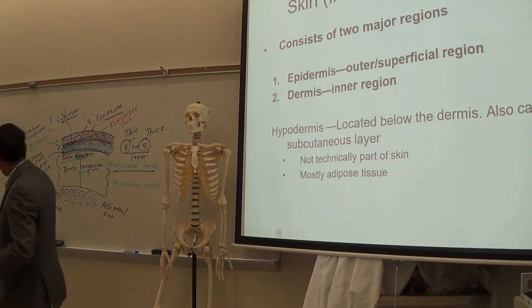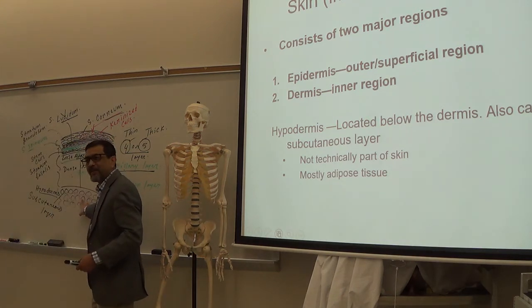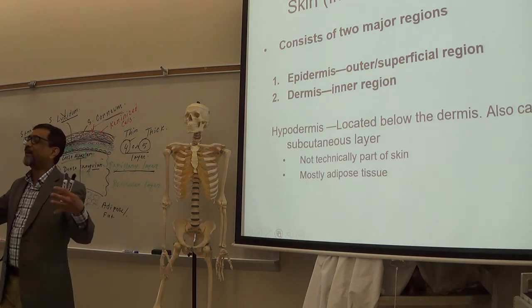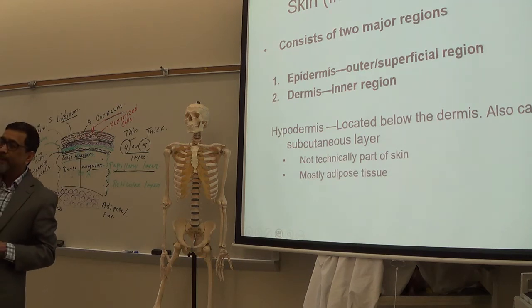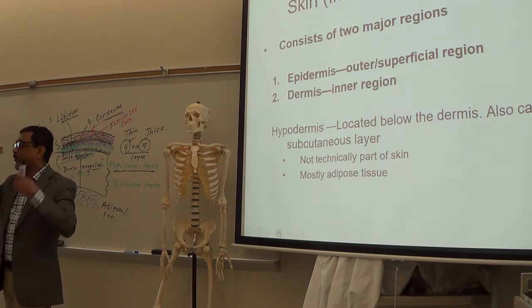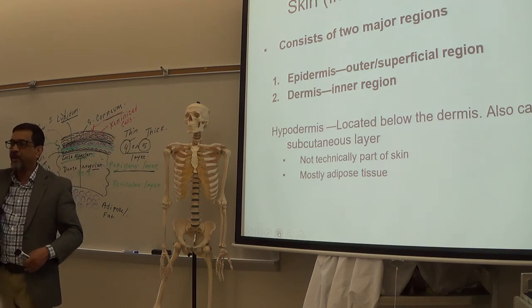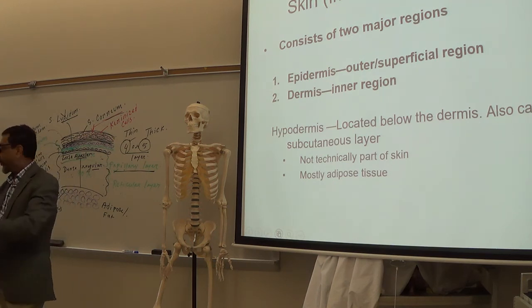If you give here into the fat, it has less blood flow. Make sense? So it will stay there for a long time. Will slowly enter into the blood. Make sense? Because less blood is going there. So prolonged action. If you want any drug to work for a long time, like 8 hours, 10 hours, or 24 hours, you will prefer this one.